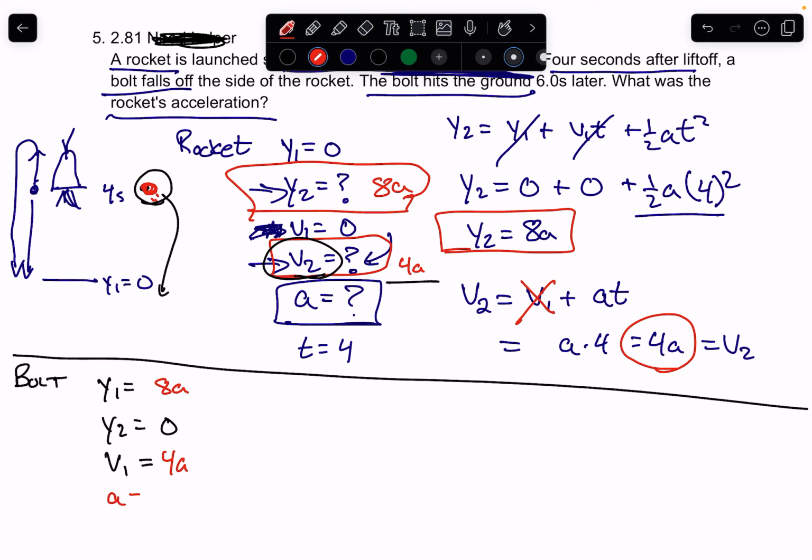Now it's just falling, so the acceleration, we know this, is negative 9.8. And it takes 6 seconds to fall.